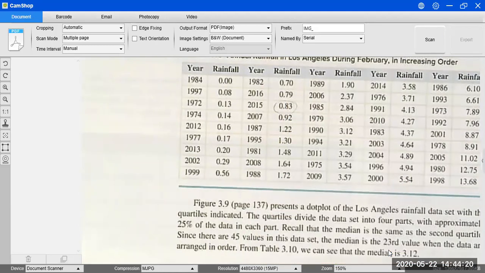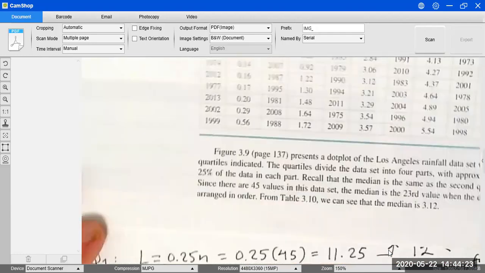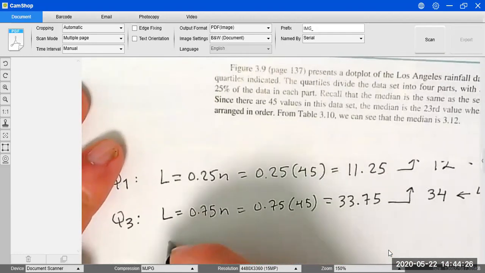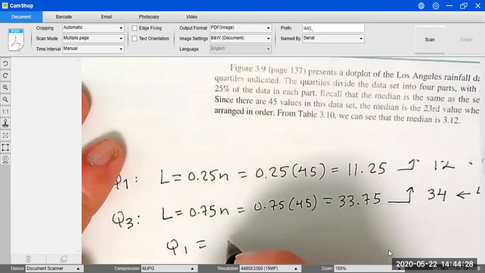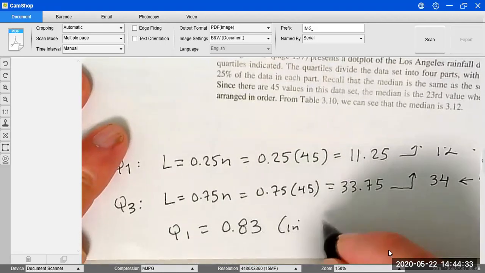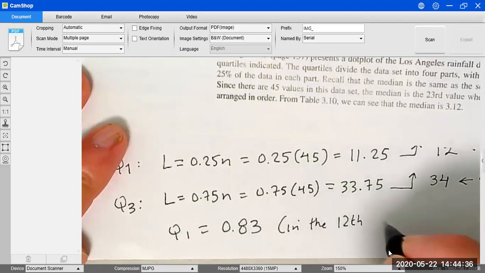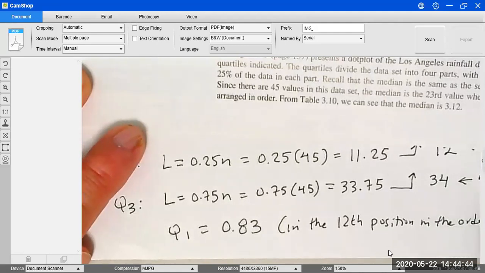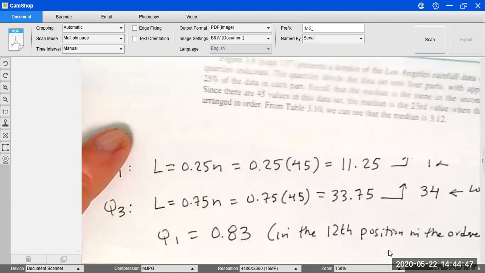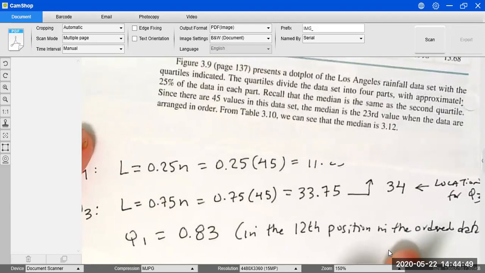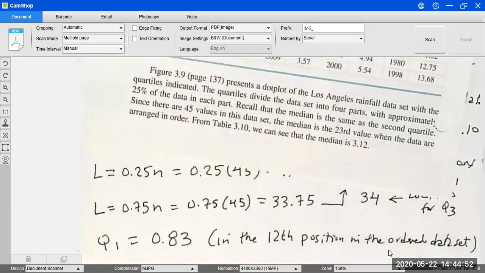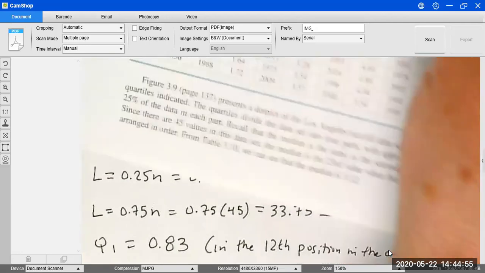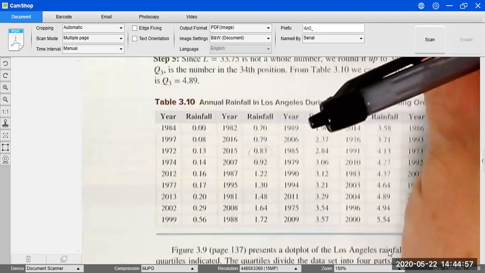So we're going to write here Q1 is going to be 0.83. Again, this is in the 12th position in the ordered data set. Now let's do the same thing with the other value. We need to look for the 34th position. So we will go back here.